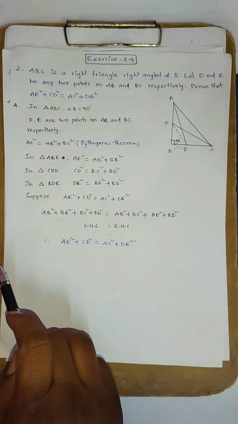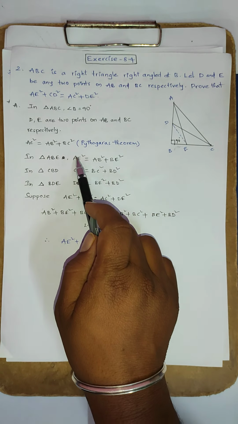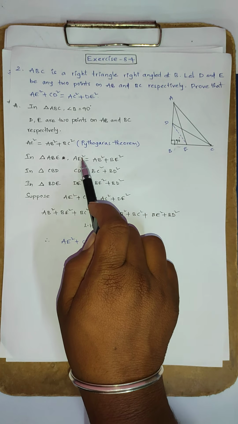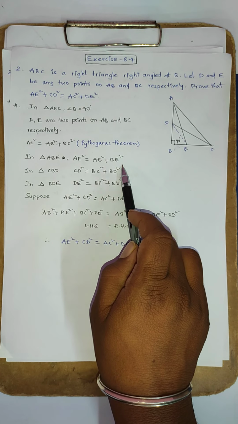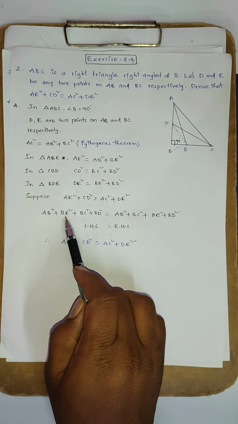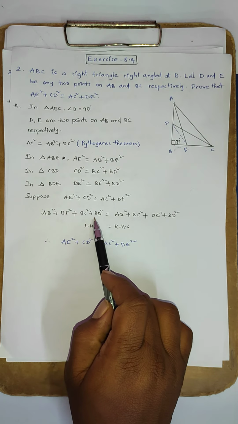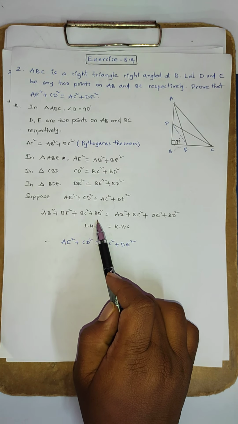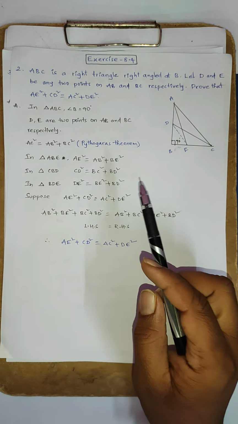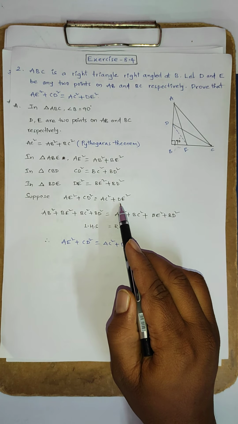So we copy it: AE square plus CD square. What can we write for AE square? AB square plus BE square. And CD square is BC square plus BD square. Now the right side is AC square plus DE square.